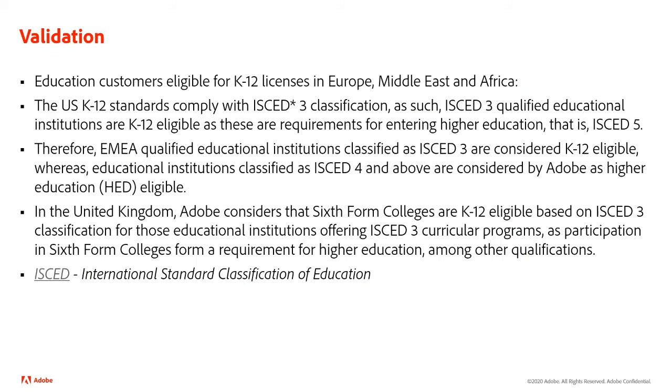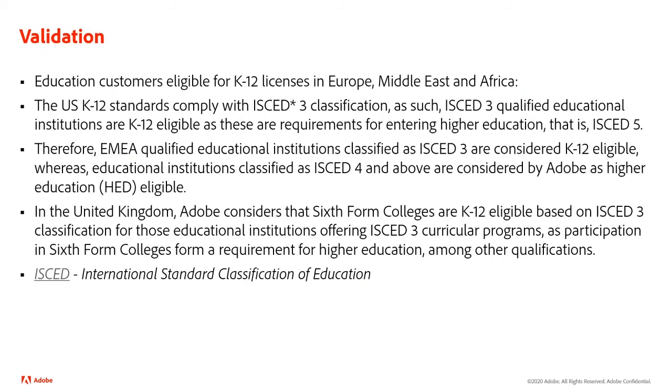If they are doing HNCs or degrees, anything above a level 3 qualification, so level 4 and above, then their users must be assigned a higher education license, be that named user higher education or shared device higher education.